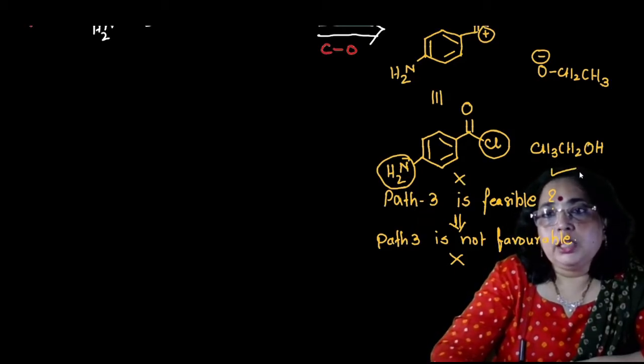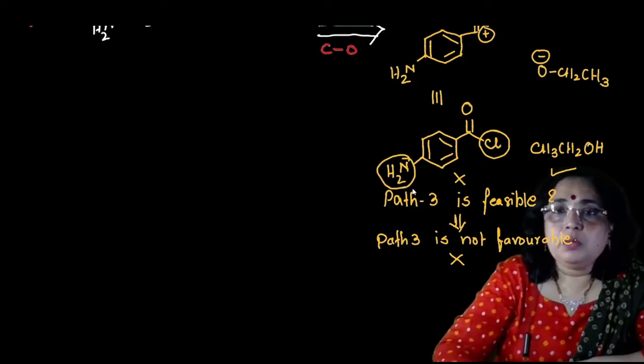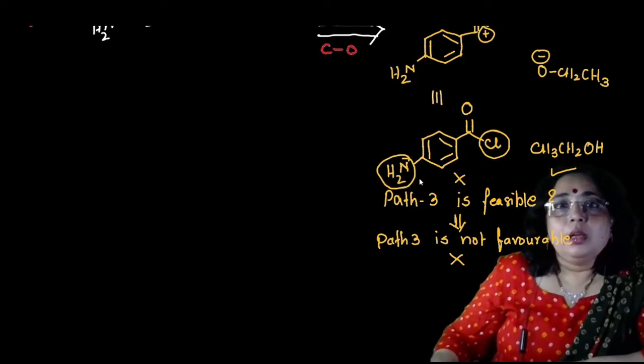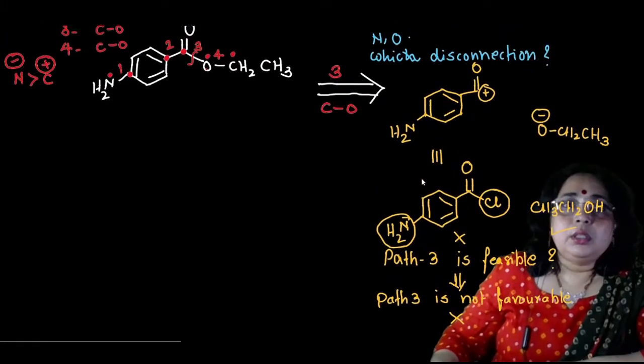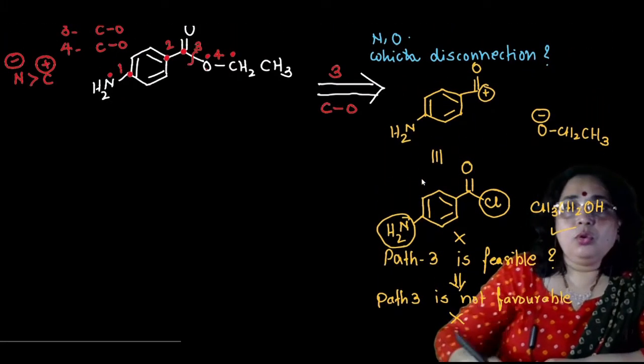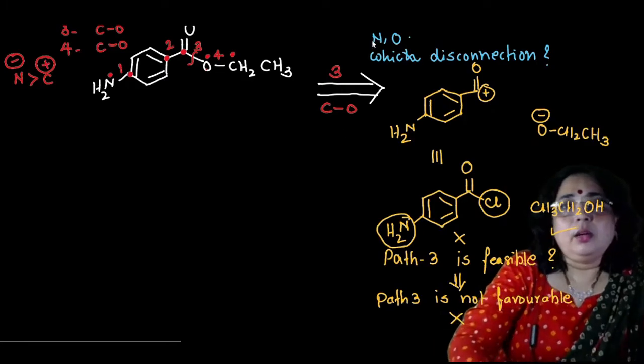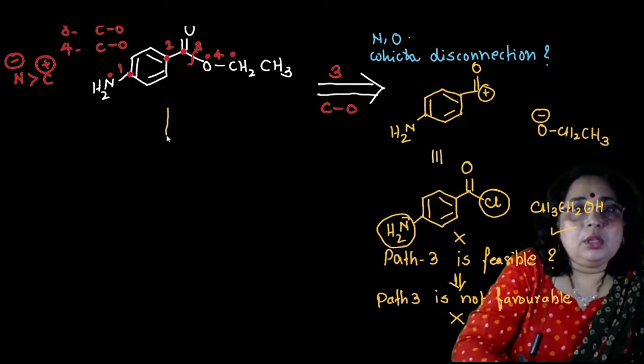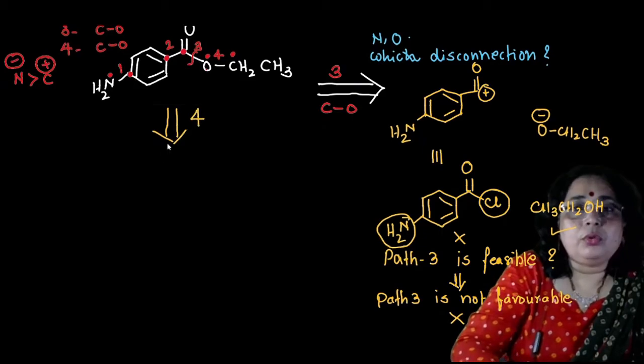Though we are getting the alcohols, we cannot obtain acyl chlorides in the presence of NH2 because of the chemoselectivity. Now, path 3 is also discarded. So the last option that remains is path 4.